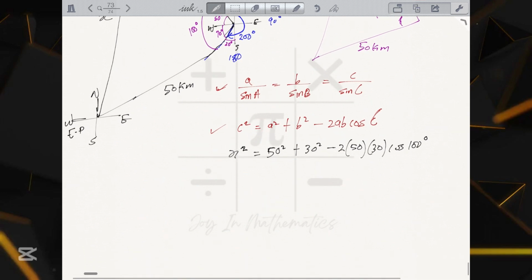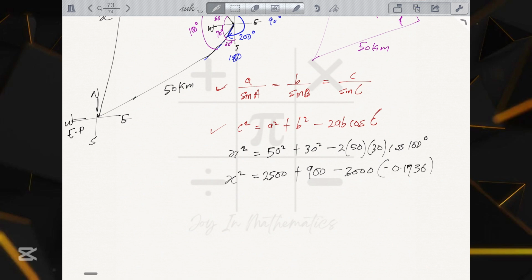So with this now, we can simplify further. 50 squared is 2,500, 30 squared is 900, 2 multiplied by 50 multiplied by 30 is 3,000, and cos 100 stands for minus 0.1736, because 100 is in the second quadrant, and if you recall from our quadrant laws, in the second quadrant only sine is positive, but cos is negative, so that's why we have negative here.